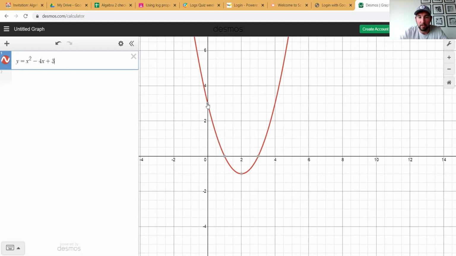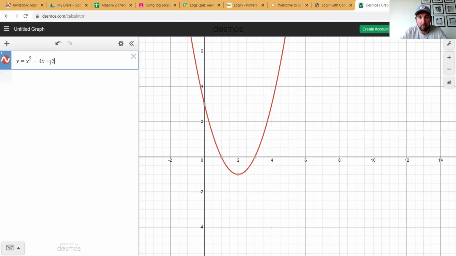So my y-intercept is 3. And you might notice that 3 is also this c value, this very last value right there. So your y-intercept will always be this last value. Next, I have my zeros. I have a zero at 1 and at 3. Next, I have (2, -1).